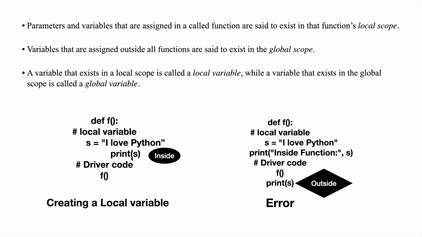So whenever you print that variable s inside the function, it is going to print I love Python. The output of this function is I love Python. Why? This is a local variable. You are creating a local variable. Here, s is a local variable. Whenever you call a function, it will be created. You can observe that the print statement for s is inside the function f, so that is possible. The local variable is created and it's printed.